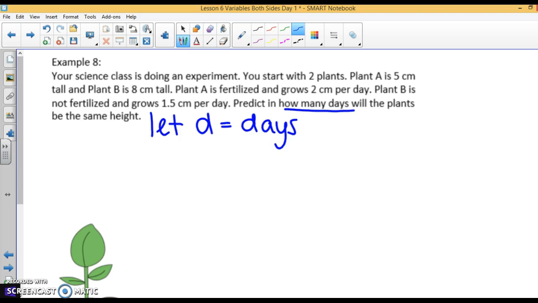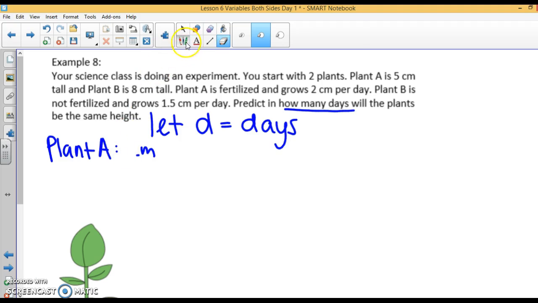So it says plant A, I'm going to write over here, plant A starts out at 5 centimeters. And then it's going to grow 2 centimeters per day. So isn't that the same as saying 2 times D?